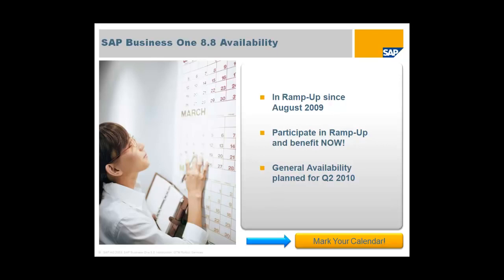So really, it's about getting ready to take advantage of that. And if by chance you're watching this on-demand webinar and we're already in general availability, then I would encourage you to jump straight onto your partner and have a conversation with them about getting SAP Business One 8.8 implemented into your organization.